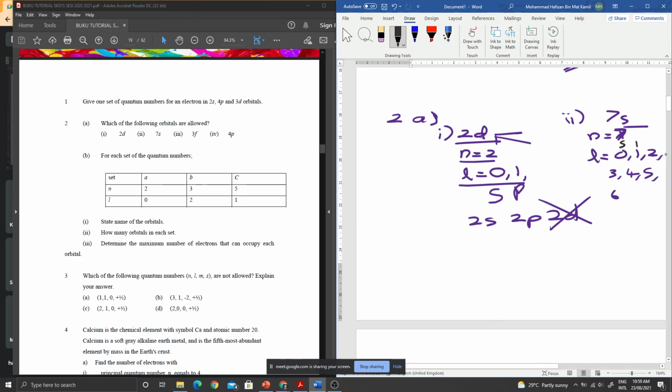So, S, P, D, F. Untuk 4, kalau you guys remember hari tu, saya dah bagi tahu. Lepas daripada F, kita ikut alphabet, which is F, G, H, I. So, untuk 7, kalau principal quantum number dia 7, the available orbital yang dia ada is 7s, 7p, 7d, 7f, 7g, 7h, and also 7i.